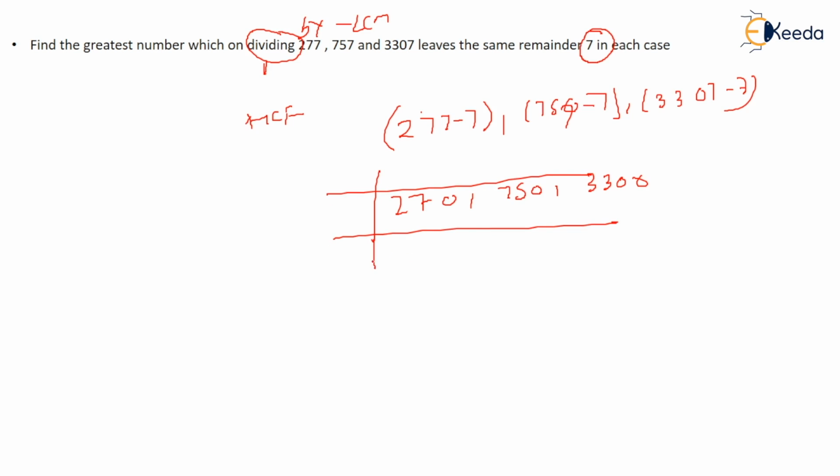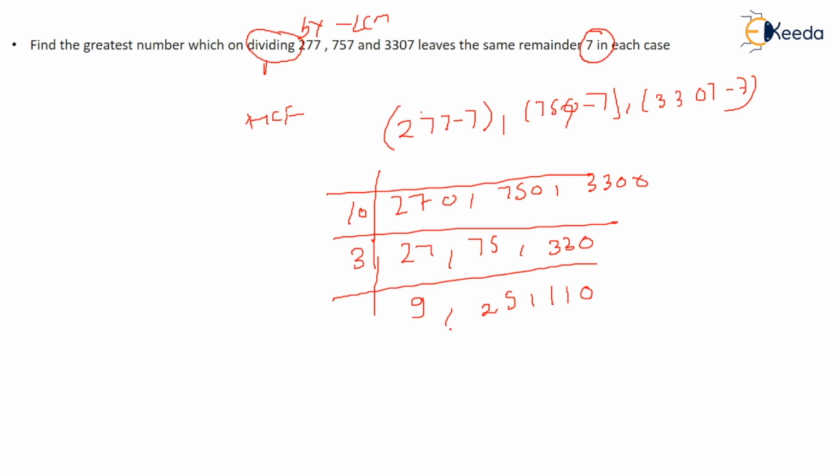For HCF, I told you to take common numbers. The biggest common number that comes to mind at this stage is 10. This comes out to be 27, this 75, and this 330. Now you can see I can take 3 common, though 9 I cannot. After taking 3, this comes out to be 9, this 25, and this 110.